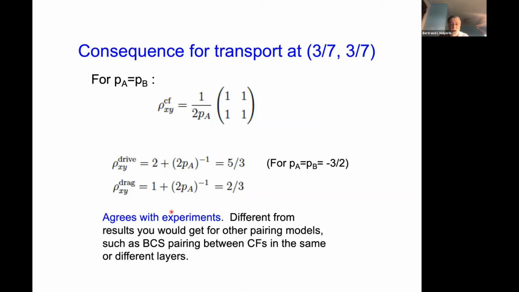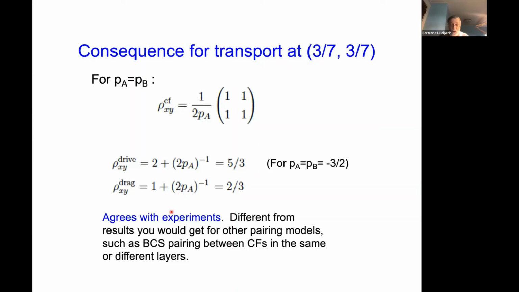So this resistivity for the composite fermions is 1, 1, 1, 1 in terms of layer indices, and the coefficient is 1 over the occupation, which is 2 PA for the total occupation. And you put that in, and lo and behold, you get exactly the consequence that the drive XY is 5/3 and the drag XY is 2/3, in agreement with experiments.